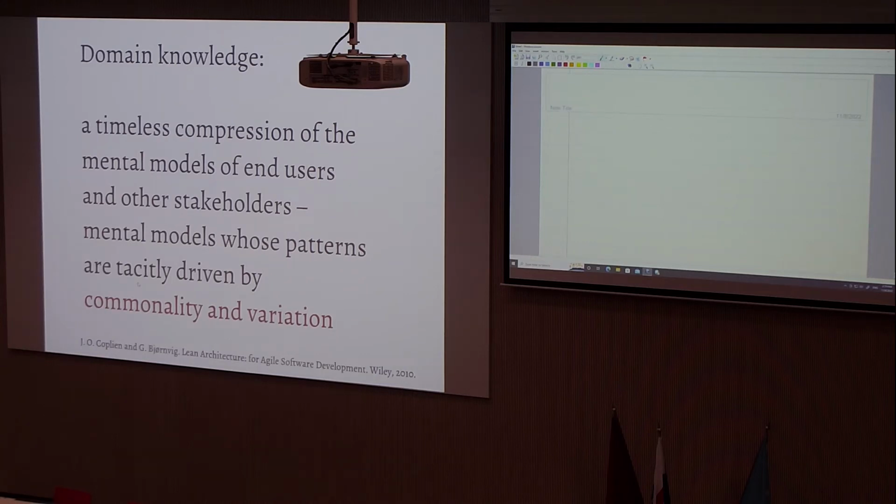The other one is down there, commonality and variation. Why is this important? Why would commonality and variation be important for us? Well, commonality is something common across many systems and something that you can just incorporate in your different systems and use.